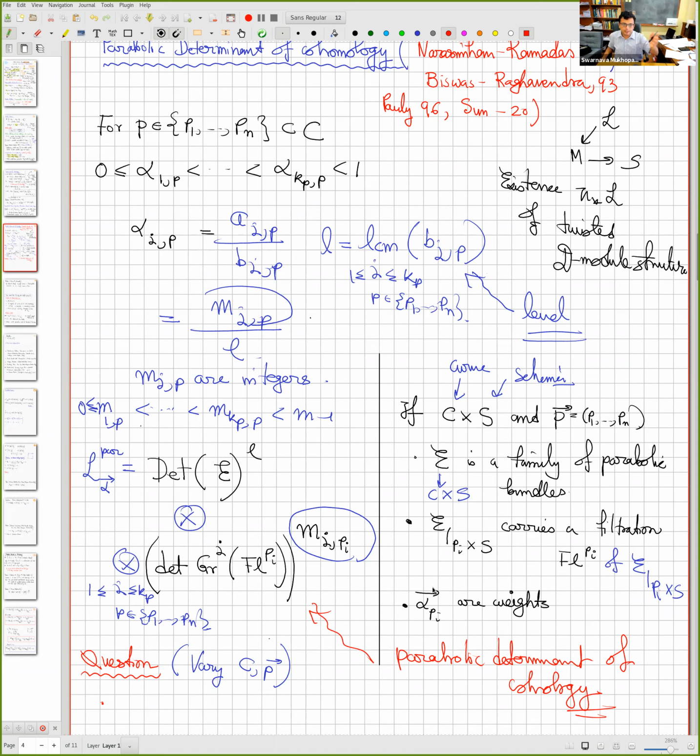Around the same time it was also present in a paper of Pauly. I also recommend a paper of Sun, where he describes these things very explicitly.